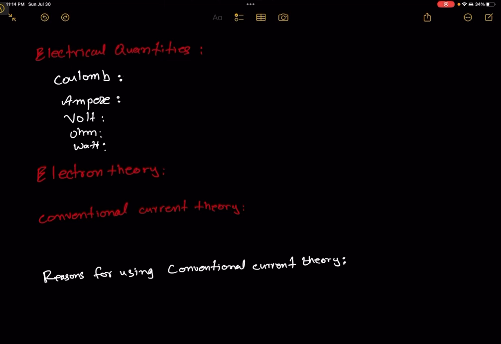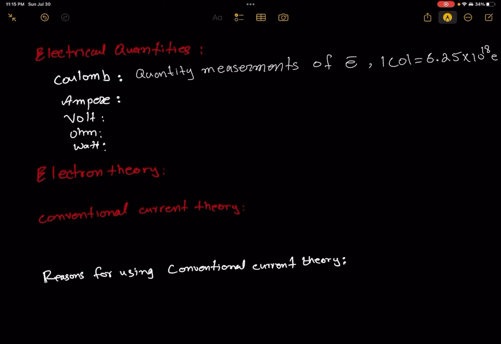What is a coulomb? Coulomb is a quantity measurement of electrons, and 1 coulomb is equal to 6.25 times 10 to the 18 electrons.